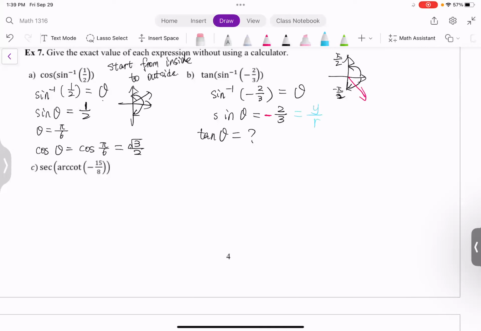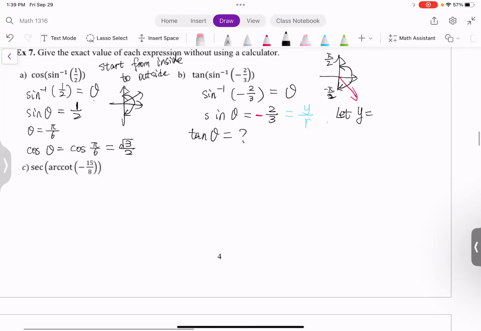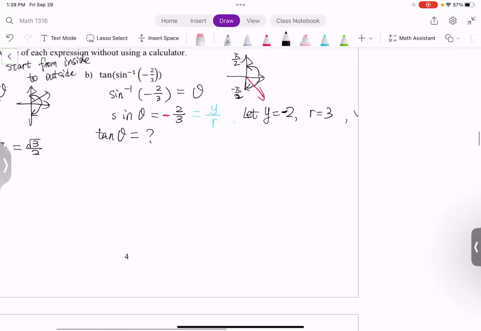In the fourth quadrant, y must be negative. So y equals negative 2 and r equals 3. Can you find the x value? Yes, x equals square root of r squared minus y squared.